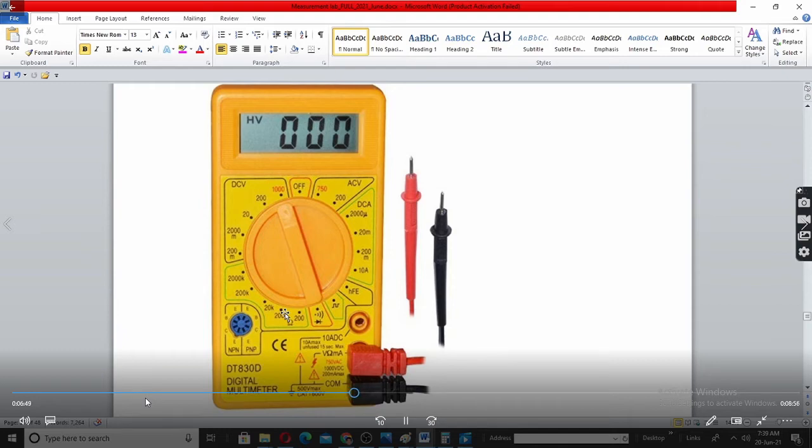You should switch off the power in the circuit. Also note that if you keep the resistance range and give supply to the circuit, or if power is there in the circuit, the multimeter may get damaged. This particular function may get damaged.